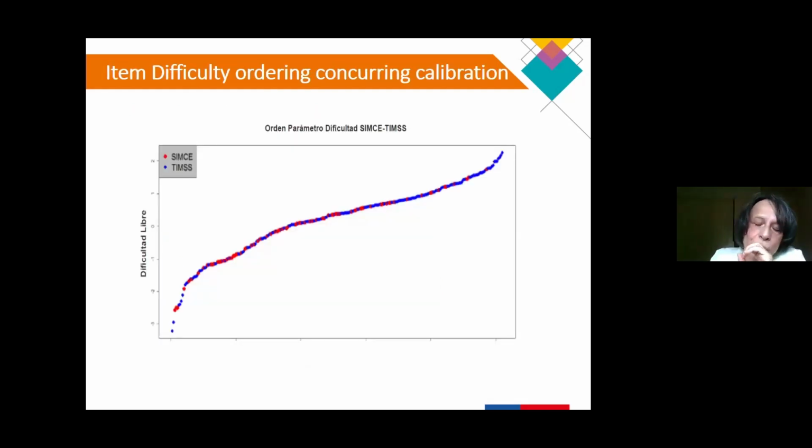Well, but what we really wanted to know is whether the SIMCE item difficulty parameters were as good as, and covered all the range of, the TIMSS scale too. And we find that yes, there was some concentration in the not so difficult items, but even though we have some items in our own assessment that are as demanding as some from TIMSS.